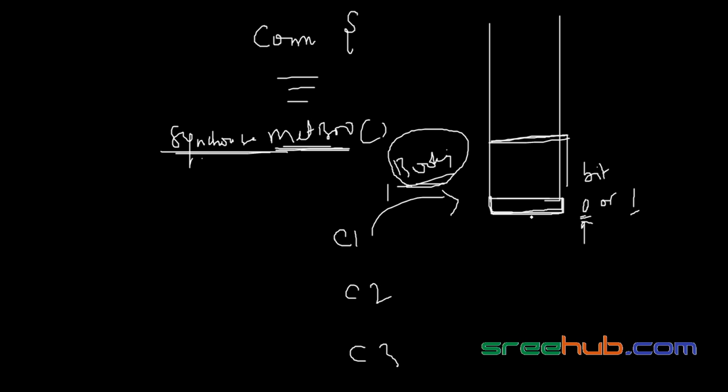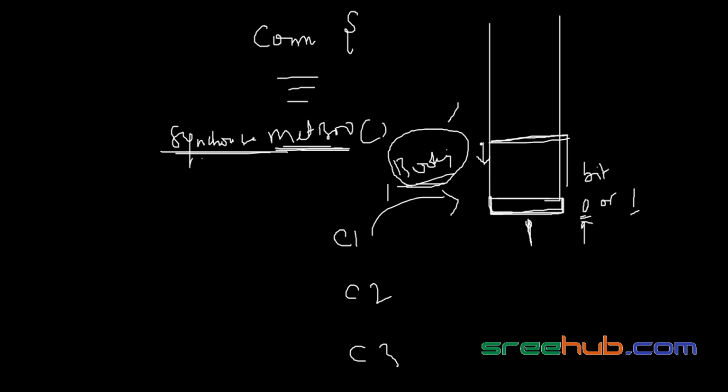Now let us say initially there is a 0. If it is 0, which means C1 can actually enter into this method. Immediately when the request enters into this method, your lock memory will be locked, so it will be 1 now.